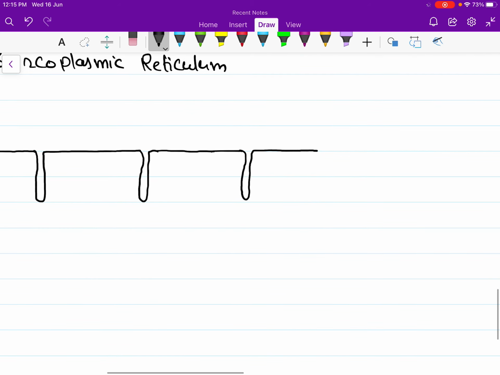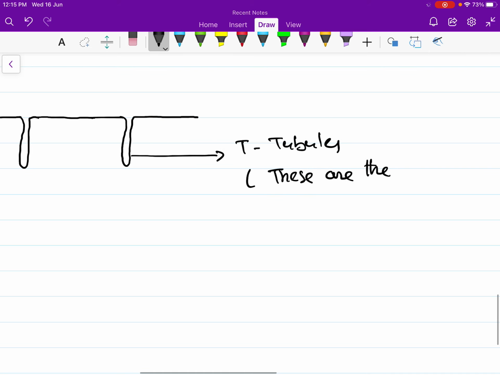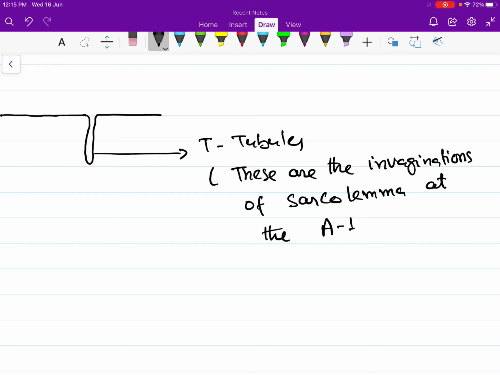So these T-tubules are the invaginations of the sarcolemma, and they are present at the AI junction.